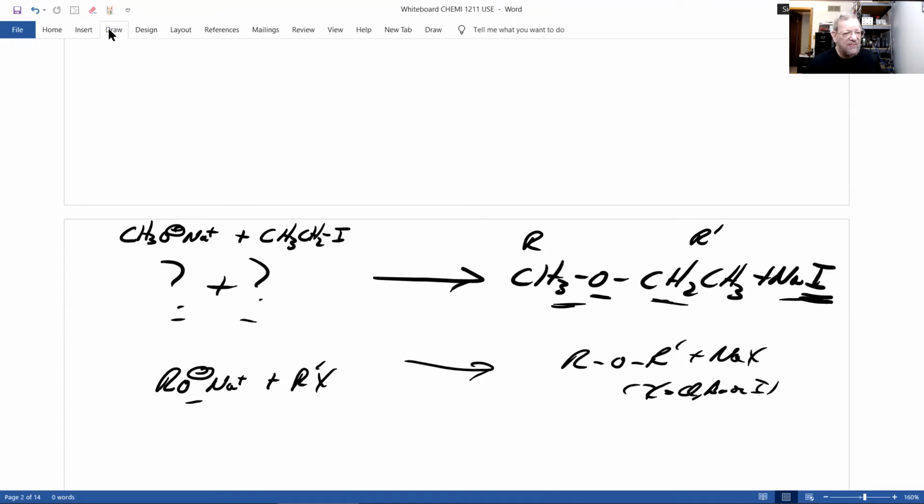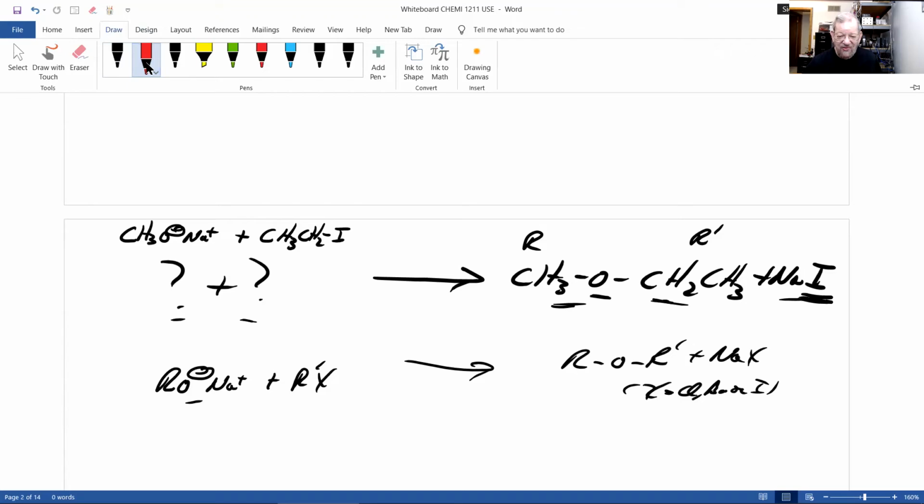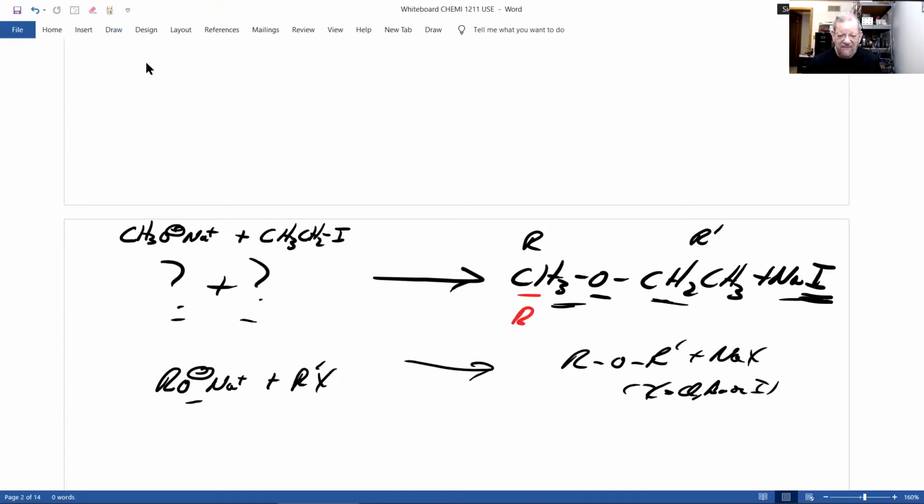But wait, what if I call this methyl group R prime and this ethyl group R? In that case, R would be this alkoxide, and R prime would be this alkyl halide, methyl iodide.